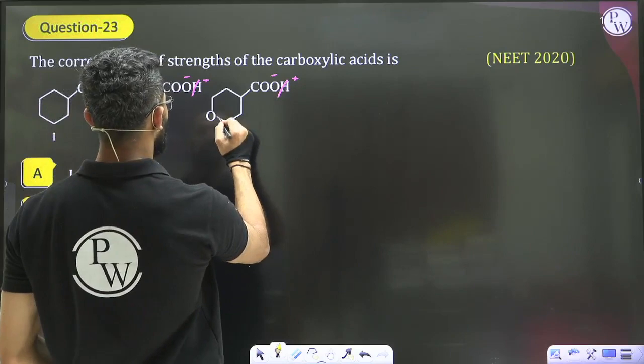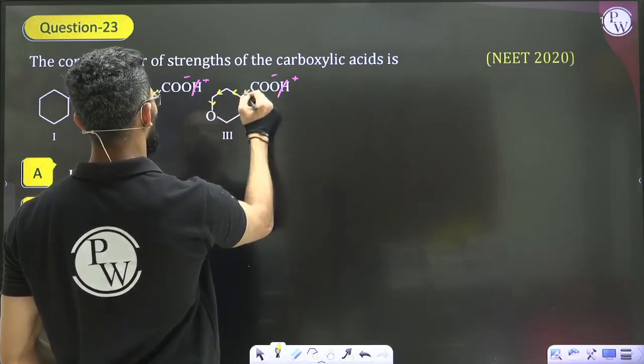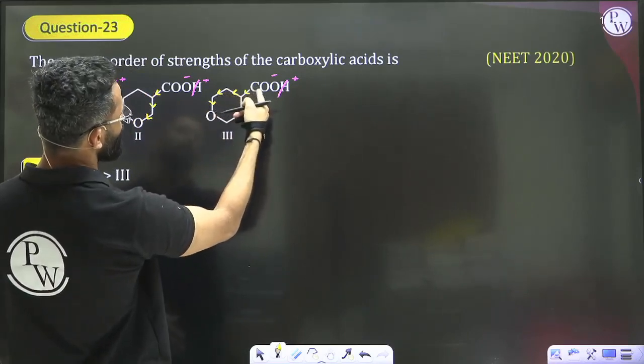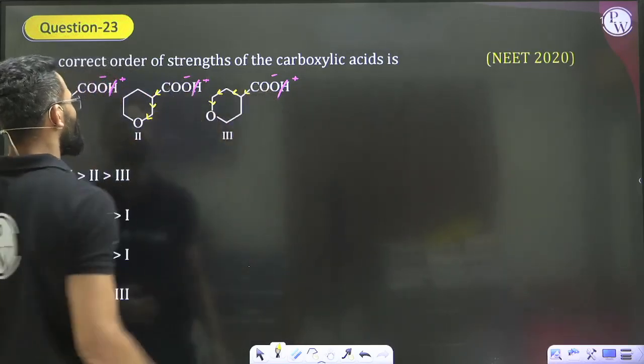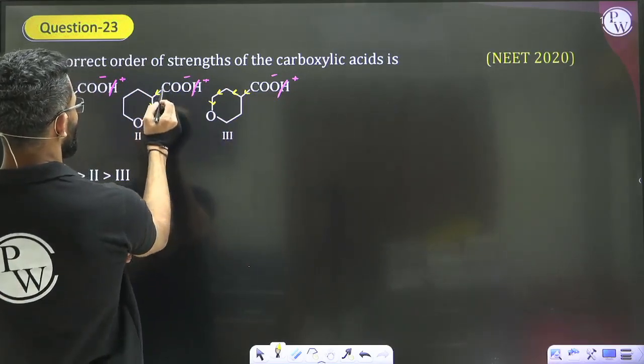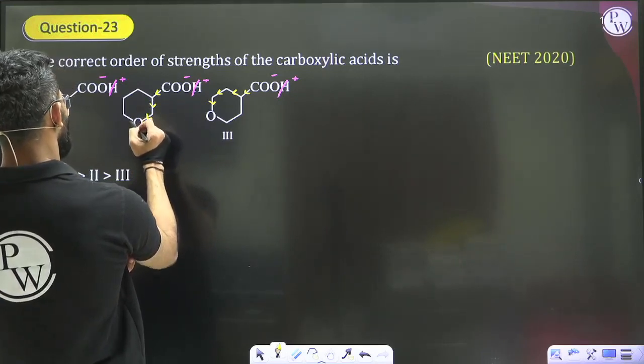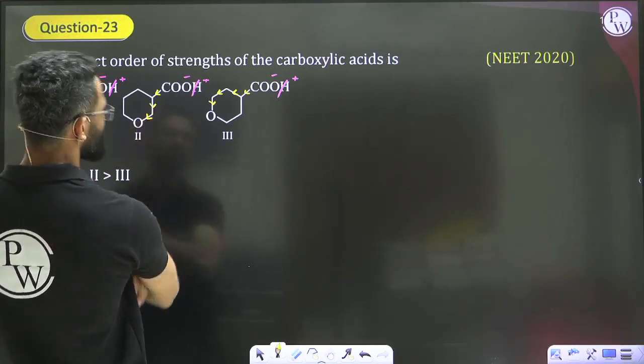Anion in option 3 can also be stabilized by oxygen over here, but this oxygen is relatively far away from COO minus as compared to the second COO minus. If you consider this as first position, first, second, third and fourth. So in 2, oxygen is fourth to this COO.